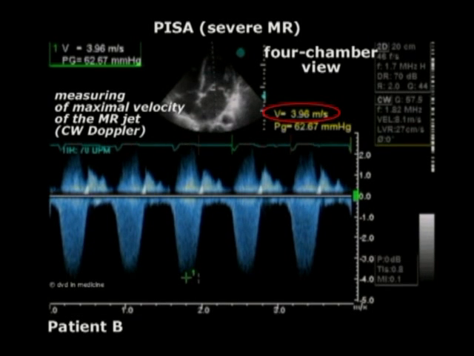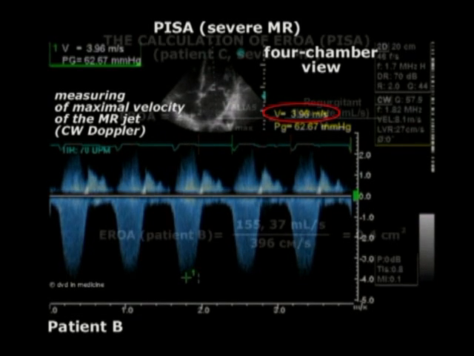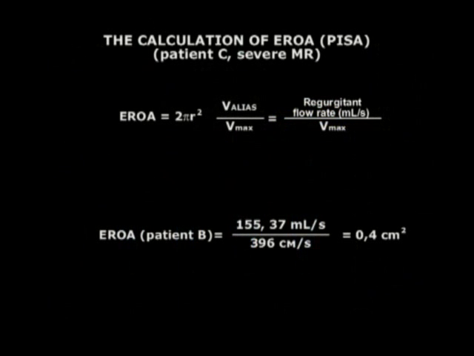Maximal velocity around 4 meters per second. Effective regurgitant orifice area is 0.4 centimeters squared.